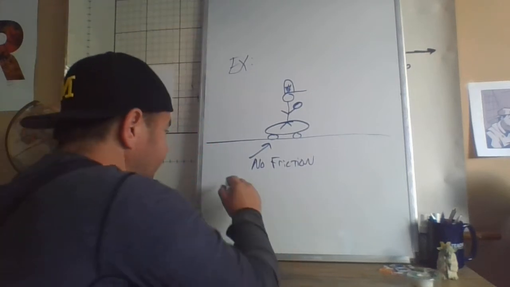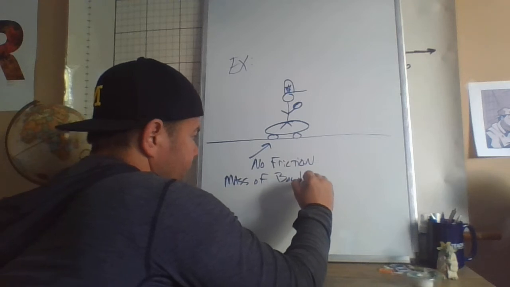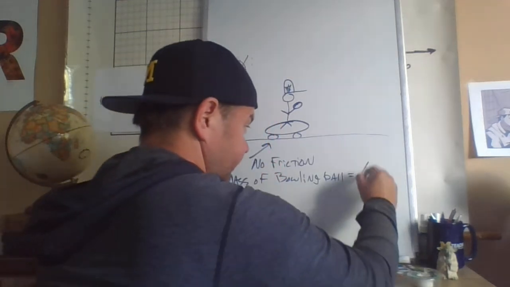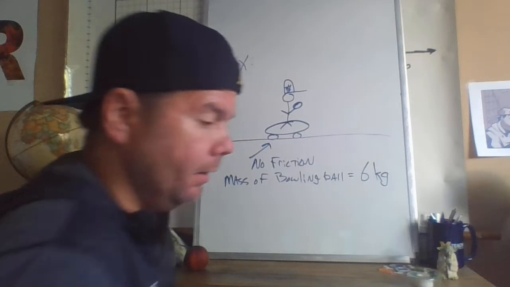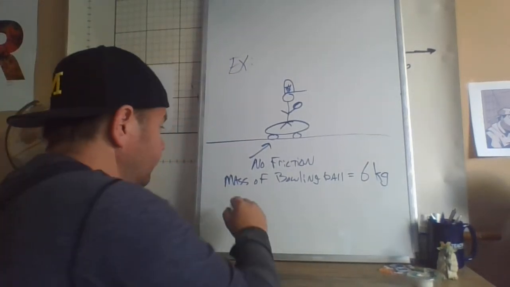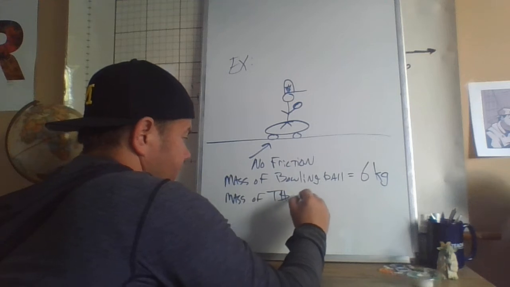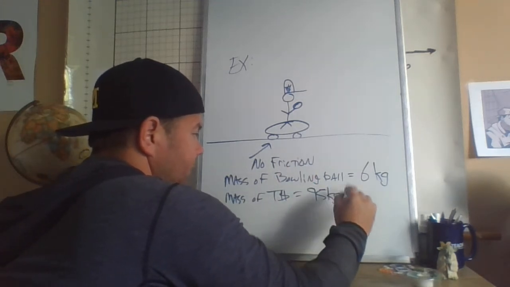We're going to say that the mass of the bowling ball is 6 kilograms, about 12 pounds. The mass of me and the skateboard together is about 95 kilograms.